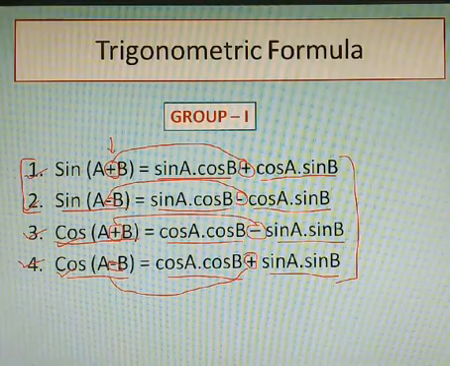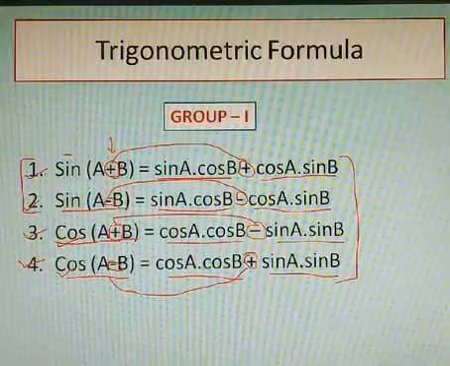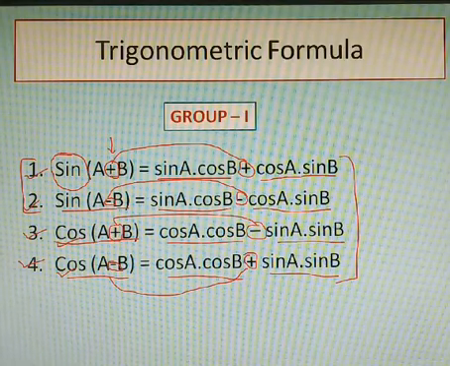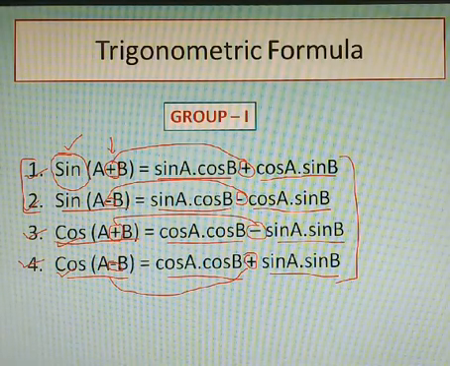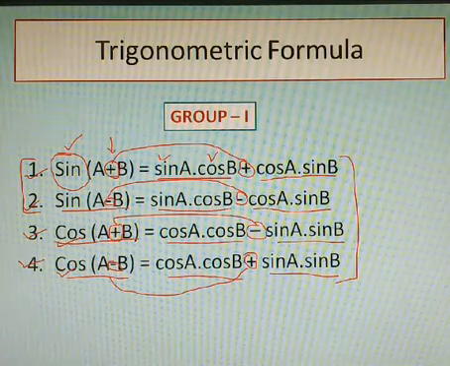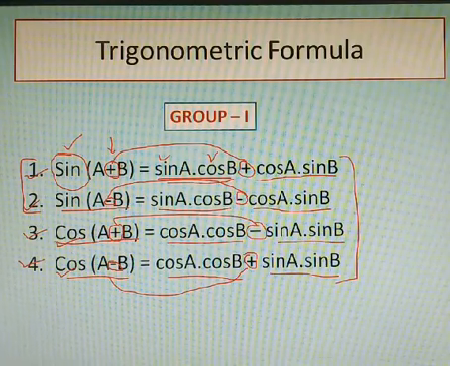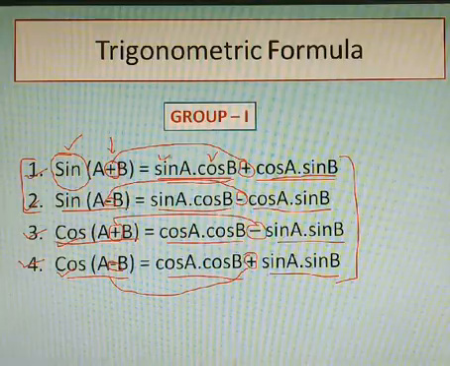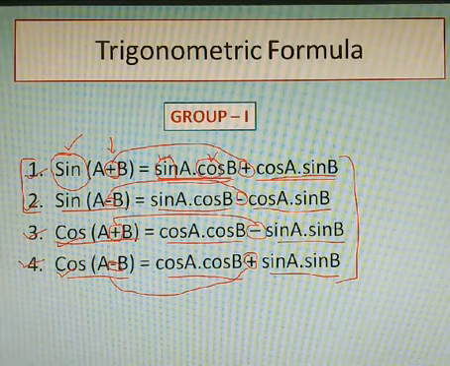Now there is another hint that you should know. If you are remembering the formula for sine, then both sine and cos will be included in both of the terms on the right side. Like you can see sine as well as cos in the first part.